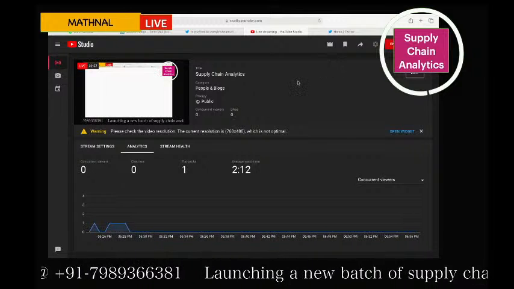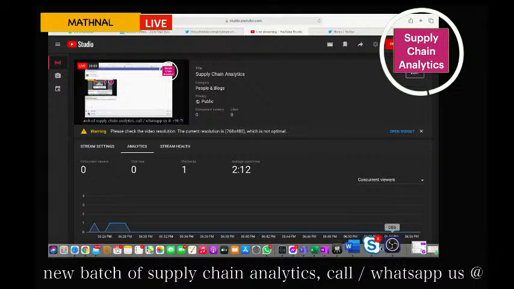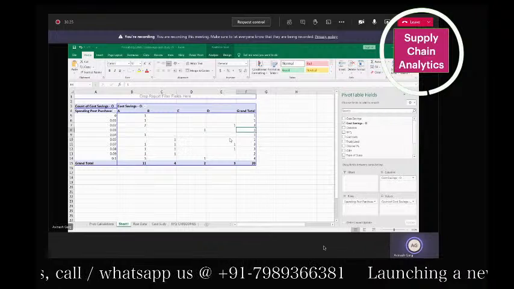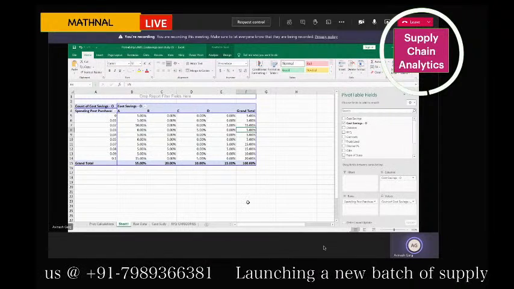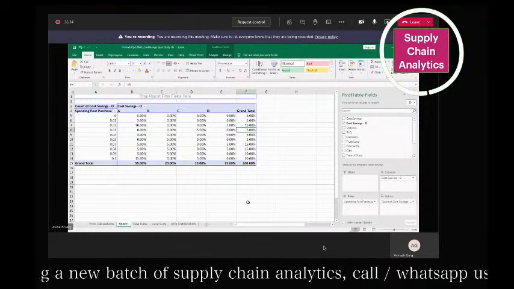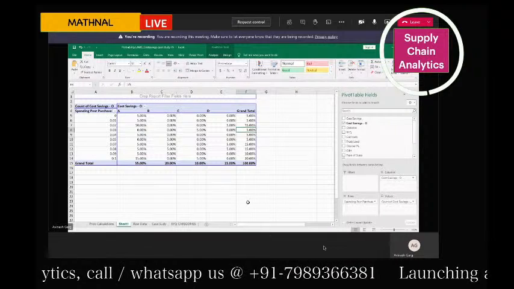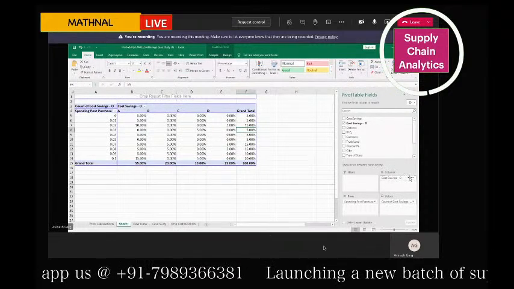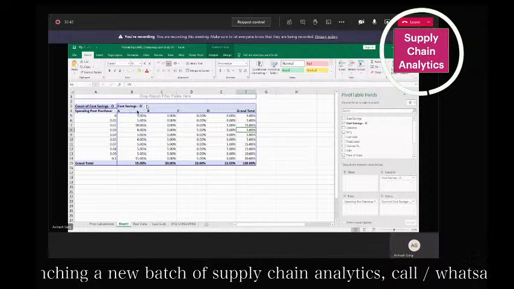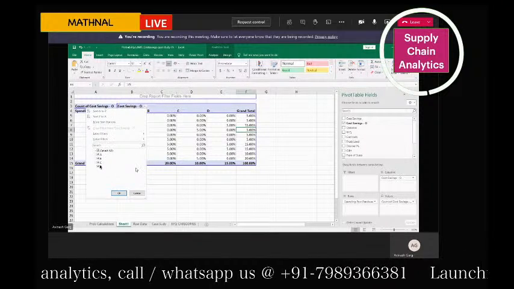I will change it to probability now. Yeah, percentage. We'll take grand total. So we have cost savings A, B, C, D groups. Let's remove this blank. There is a filter option in the cost savings; from the cost savings filter option, let's remove the blank. A, B, C, D is there, right?